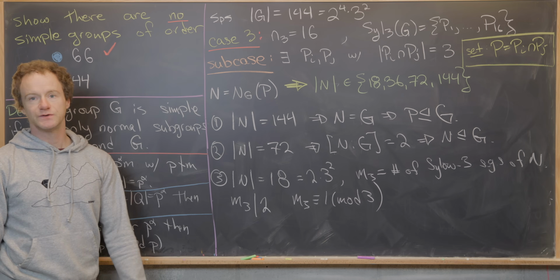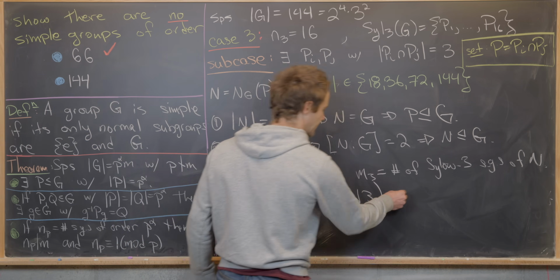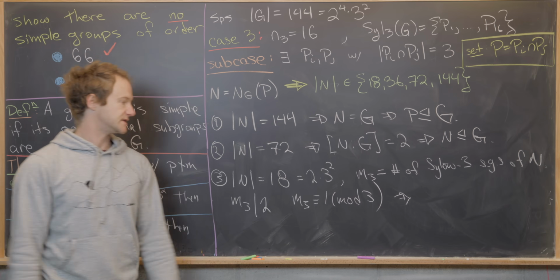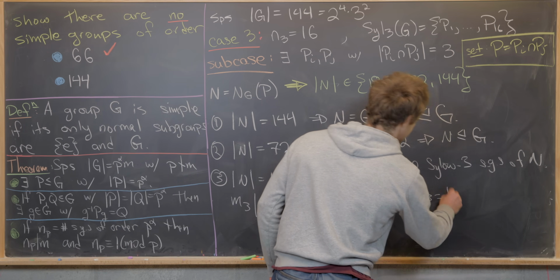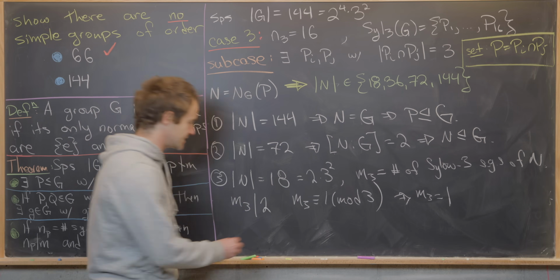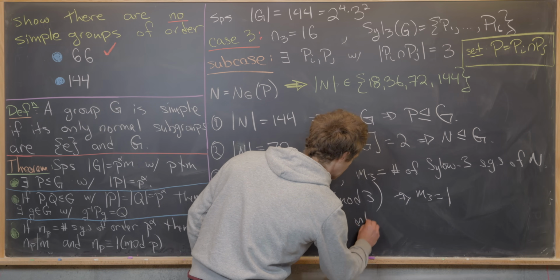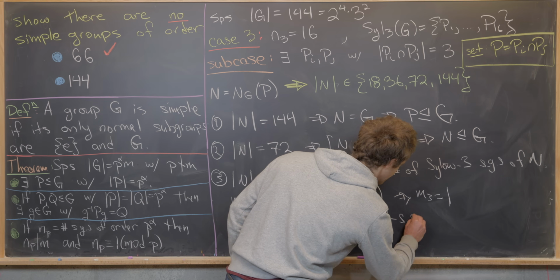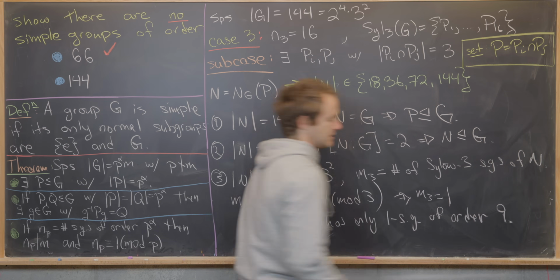But now putting these two things together, the only number that divides 2 and is congruent to 1 mod 3 is 1. So that means that M3 is equal to 1, but that tells us that N has only one subgroup of order 9.